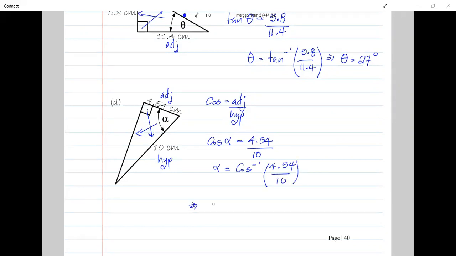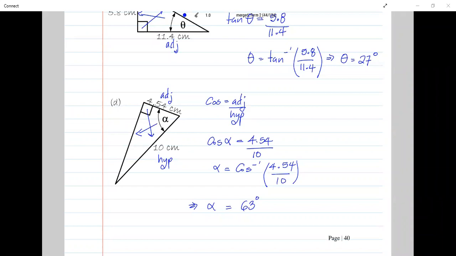Therefore, alpha would be equal to, so it's shift, then cosine, open bracket, 4.54 divide by 10, close bracket, then you press equal. And the answer here is 63 degrees, or 63.0 degrees to 3 significant figures.